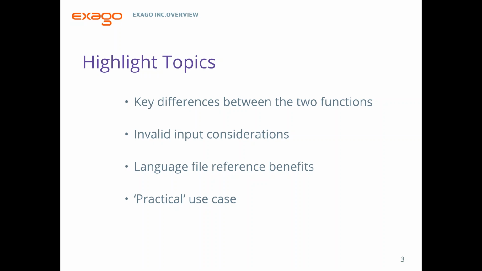So there's a few more considerations we need to keep in mind in terms of error checking, as well as presenting them an error message that might indicate to them what to change in order to better utilize the function. To that end, we'll talk about the benefits of storing that message in a language file as opposed to specifying it right in the code.